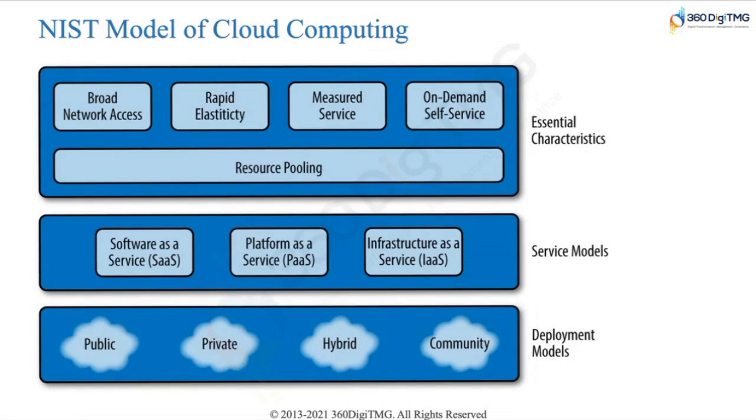And when I'm leaving my AWS portal, I just shut down my virtual machines. When I shut down my virtual machine, the same infrastructure is assigned to my friend, who has also created a virtual machine. That means resource pooling is happening.